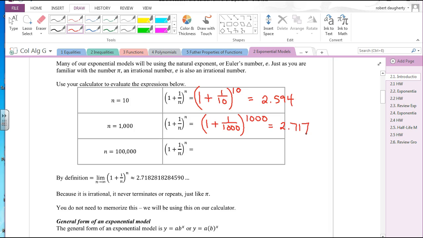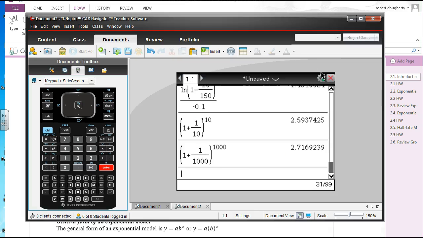And then let's go for a larger number, 100,000. So 1 plus 1 over 100,000, all of that raised to the 100,000th power. And this is where you should be thankful you've got a calculator to do this.